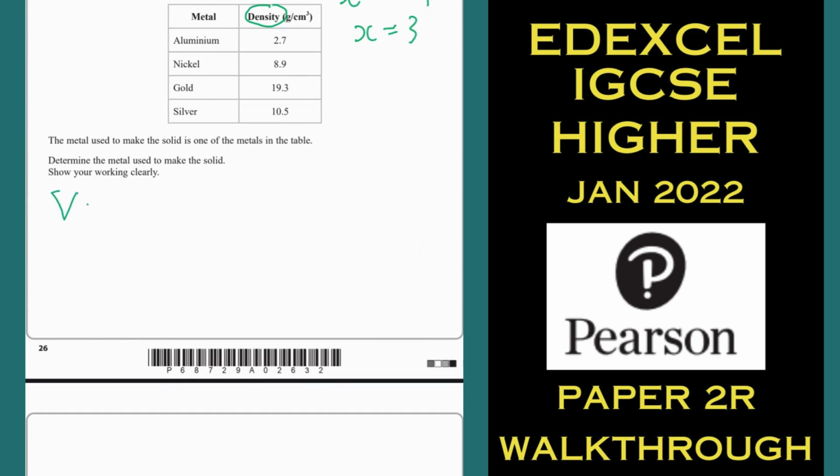The volume of this shape, well, the top is a hemisphere. So that's half of a sphere. And flick back to your formula page. A sphere is 4/3 times pi times the radius cubed. We can smarten that up in a sec.